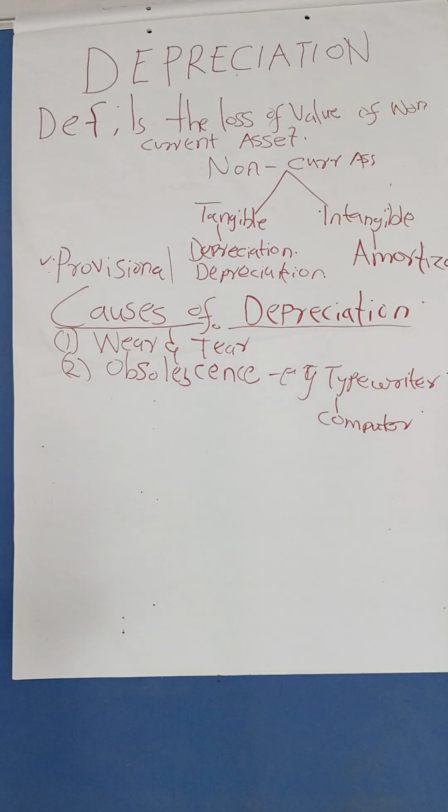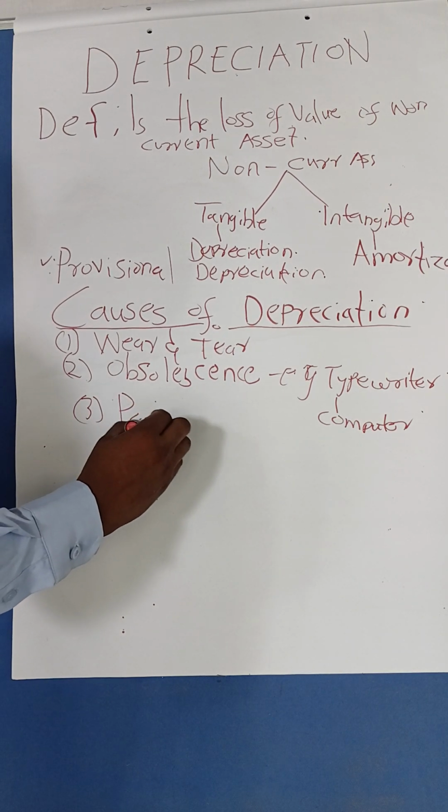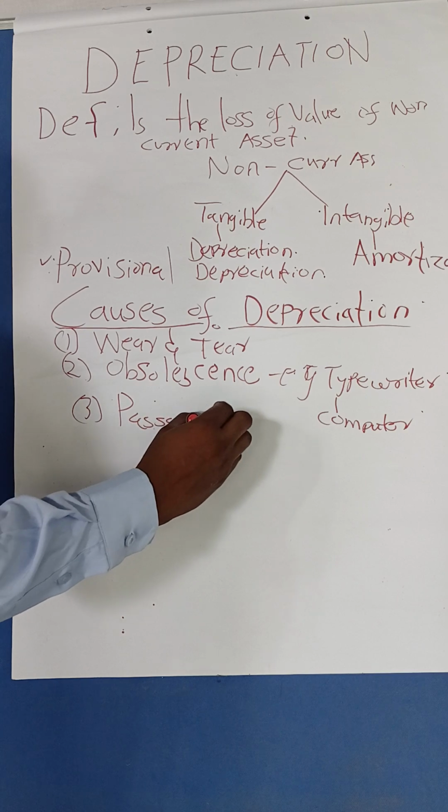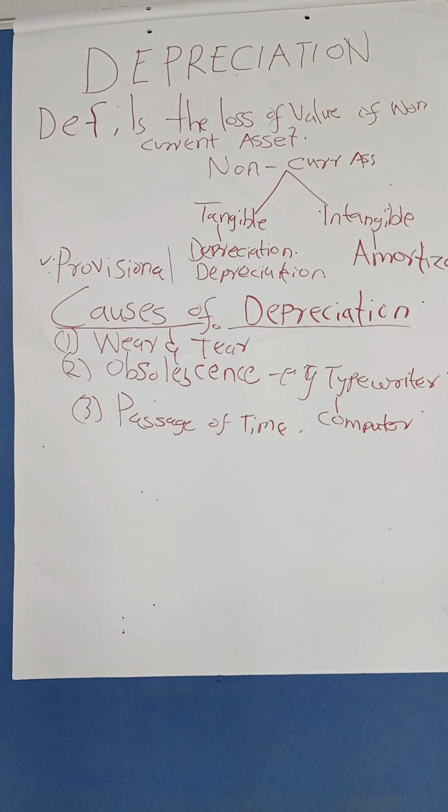We have another factor, the passage of time. Passage of time is another factor that can result in depreciation. So the value of an asset, maybe last year, this year, it was costing maybe 5 million.